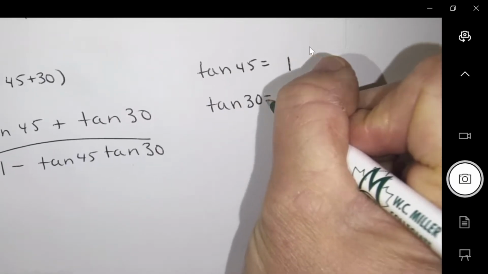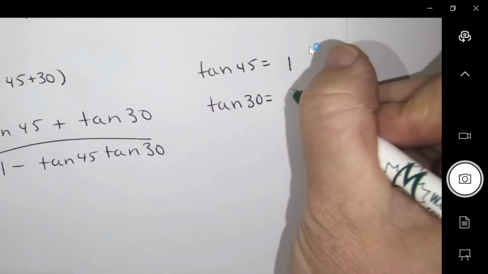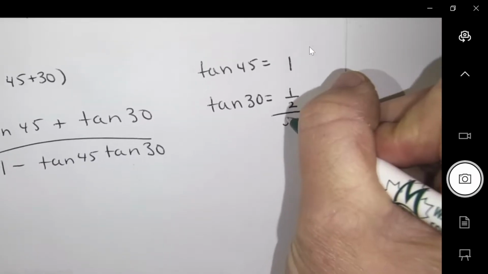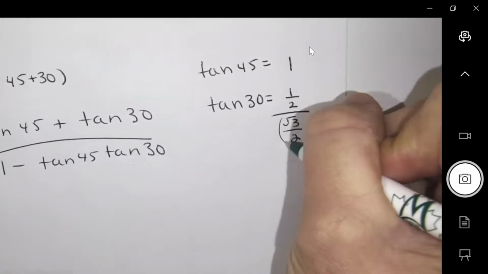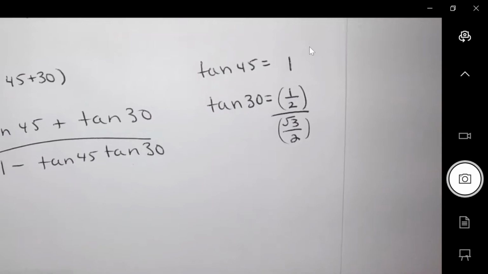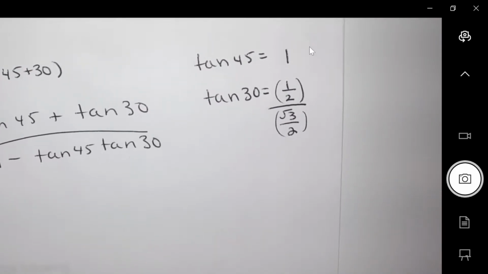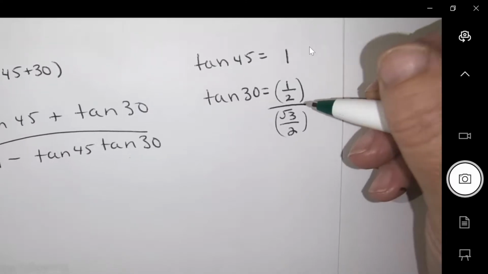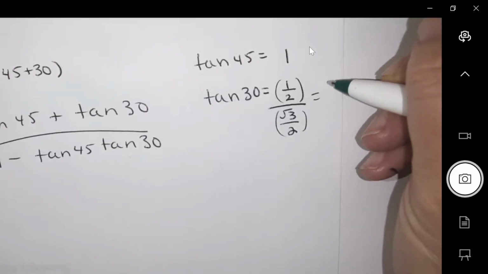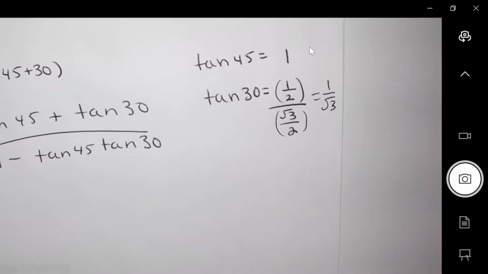The tan of 30 is the y divided by the x. What happens with the flip multiply in the 2 situation? They're going to cancel. So we're going to do that.